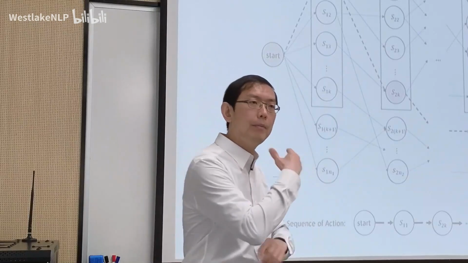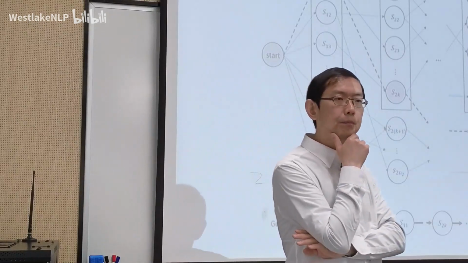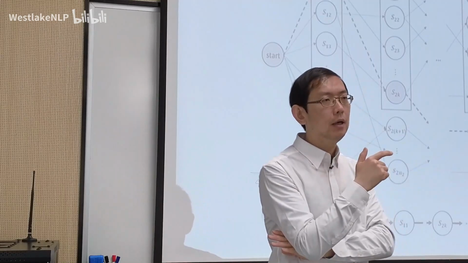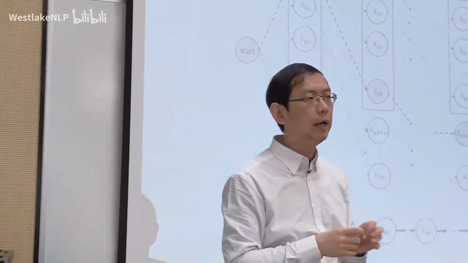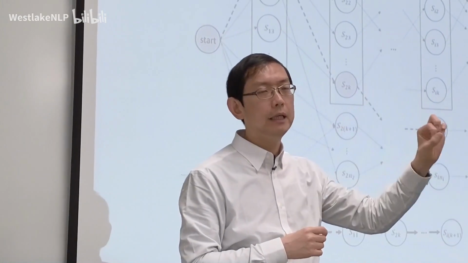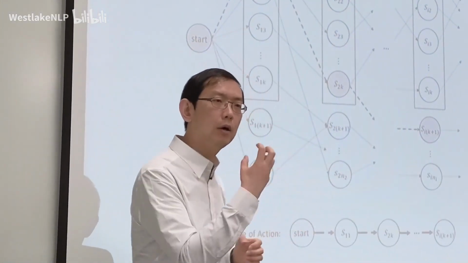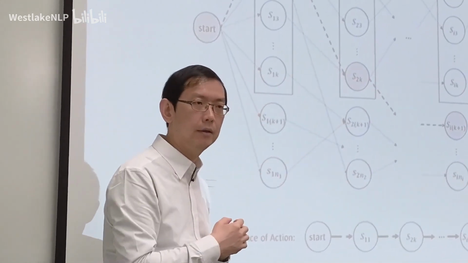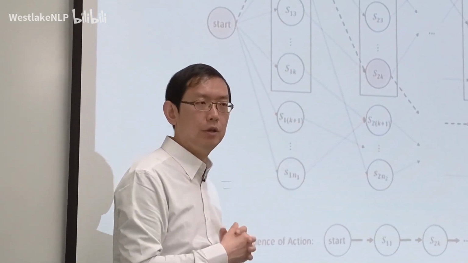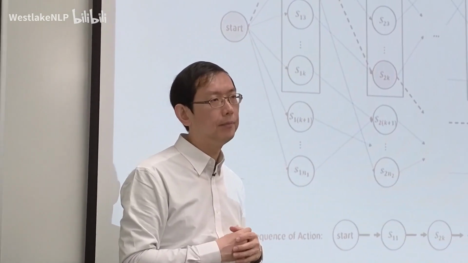Okay, if you remember the old perceptron training process, we use dynamic programming to find the negative example, right? The negative example is the highest scored example if it is not correct. But now we use beam search to find a negative example.